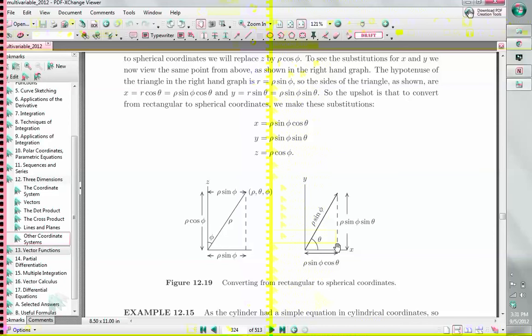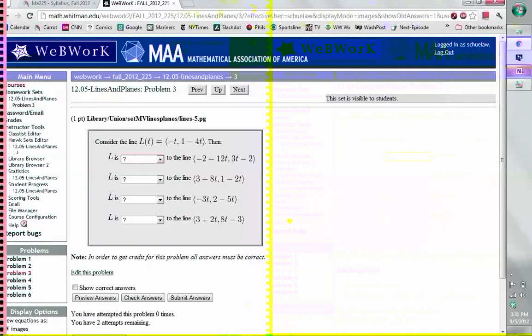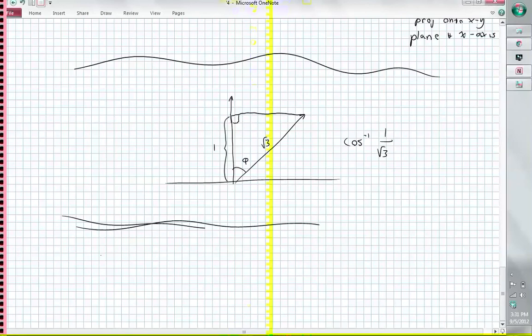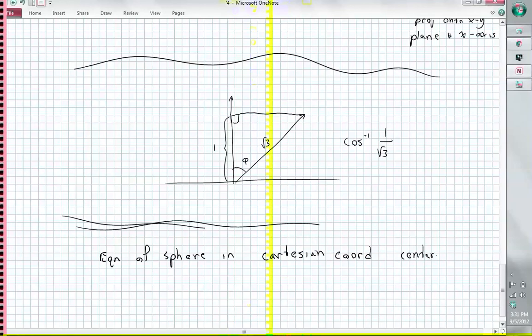Here's a fun thing. What's the equation of a sphere in Cartesian coordinates centered at the origin and radius 2?